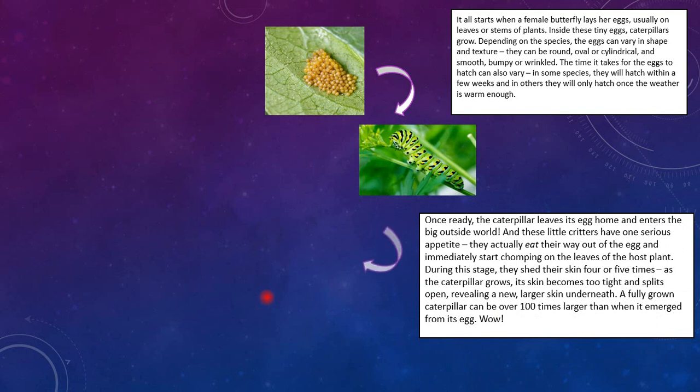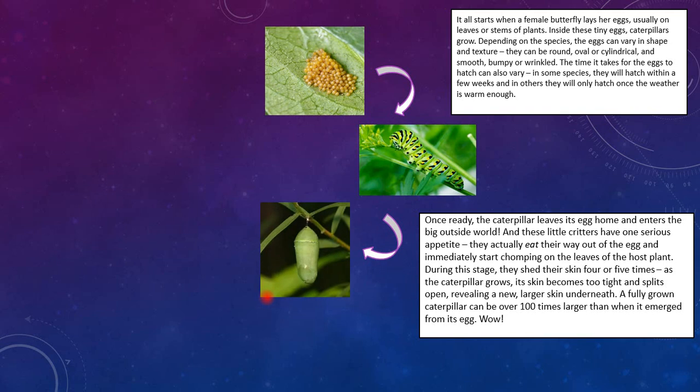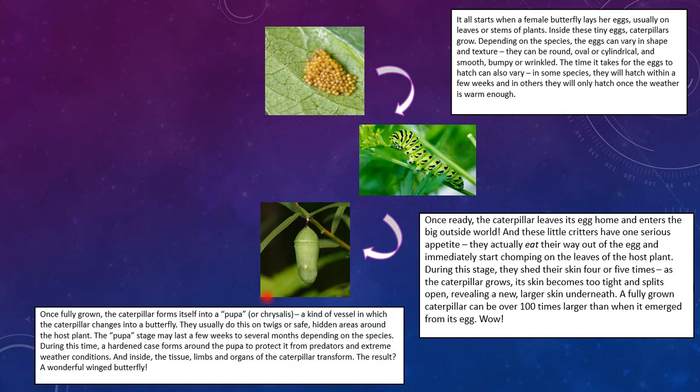Wow. And after caterpillars, the next step is that once fully grown, the caterpillar forms itself into a pupa. So this one is called a pupa or chrysalis, a kind of vessel in which the caterpillar changes into a butterfly. They usually do this on twigs or safe, hidden areas around the host plant.